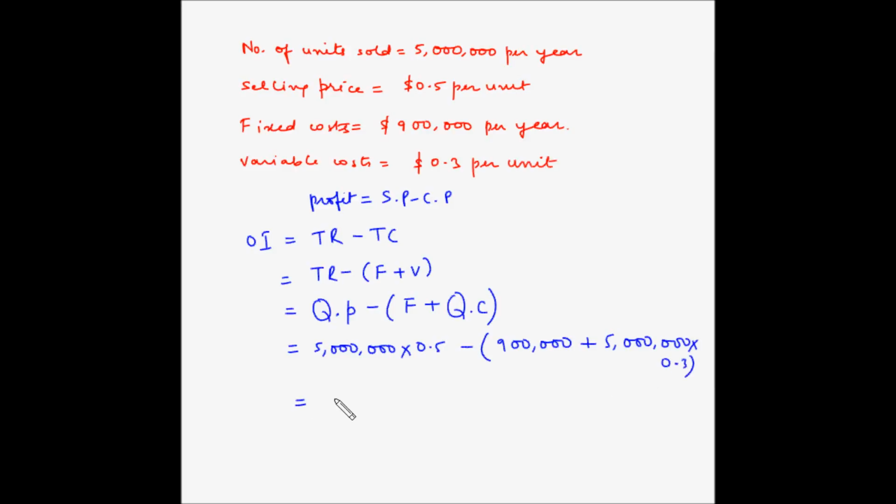So this is equal to 2.5 million minus 900,000 plus 1.5 million. So this is equal to 2.5 million minus 2.4 million.